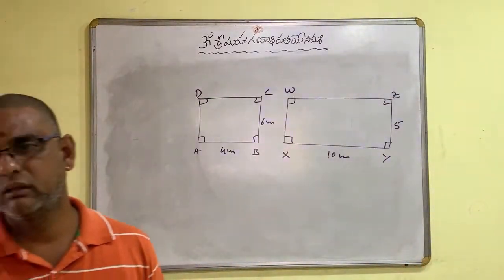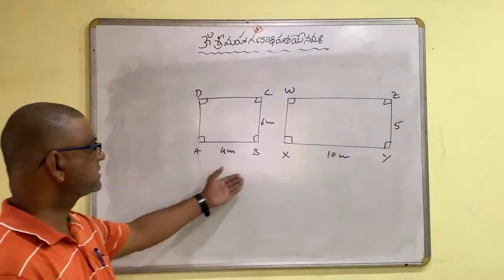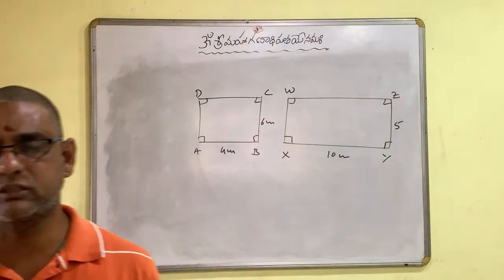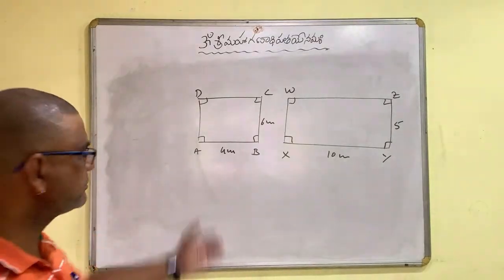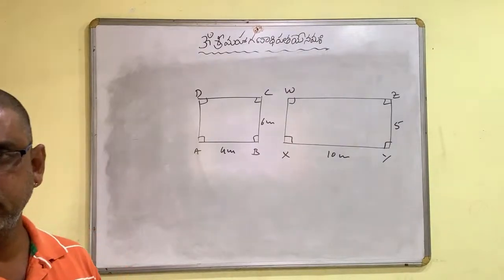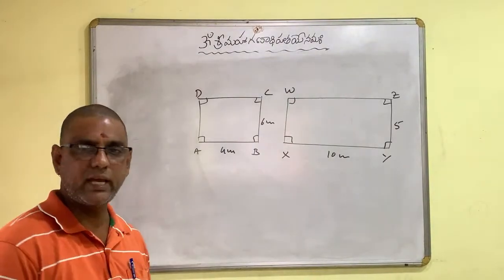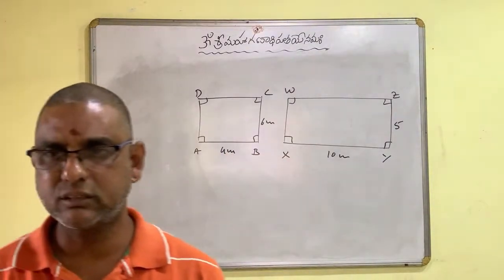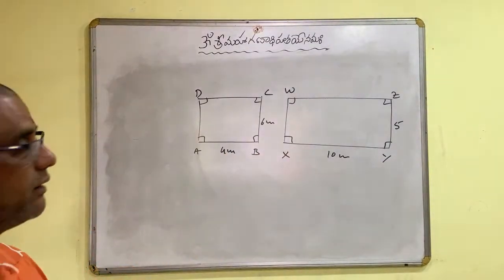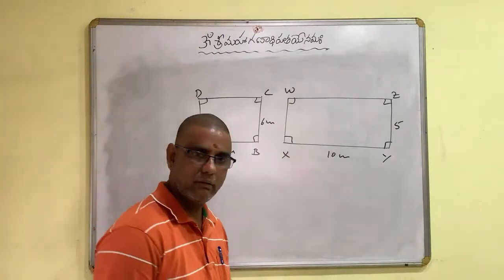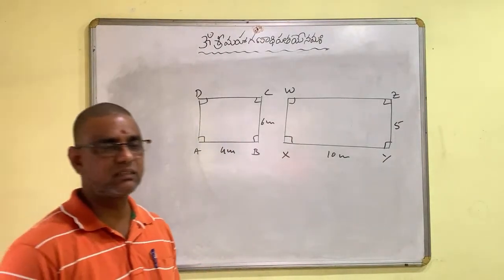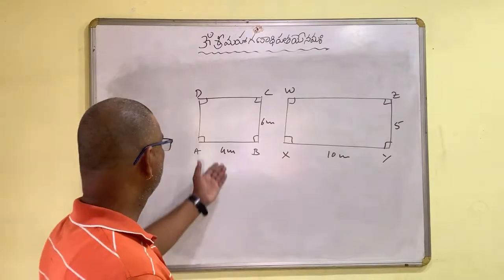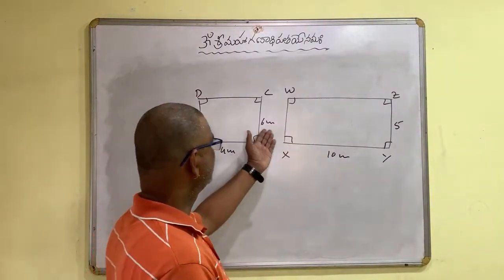First condition, they must have same shape. Yes, they have same shape. Both are rectangles. Now, same angles, yes, all the angles in the rectangle are 90 degrees. But if we observe the ratio of sides, they are not equal. 4 by 10, 6 by 5.